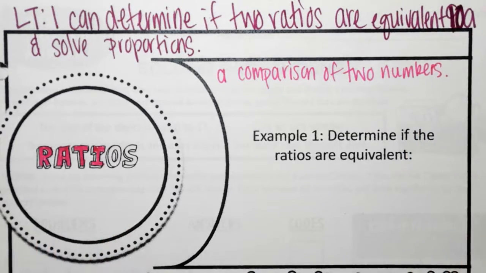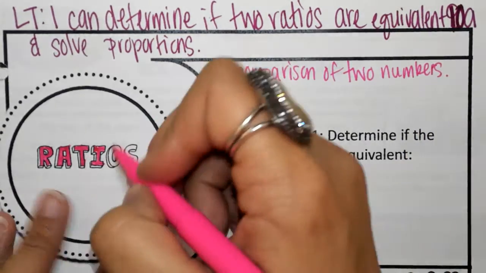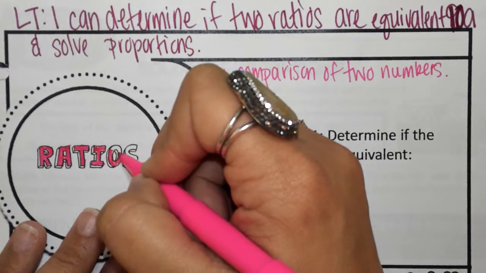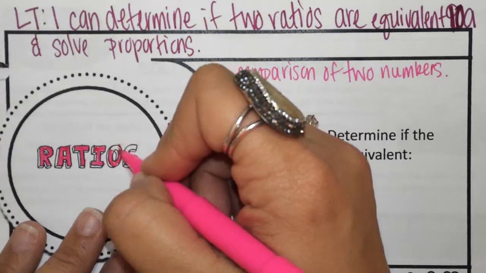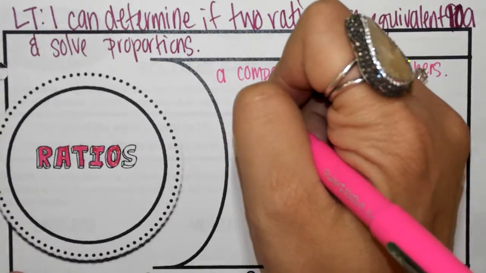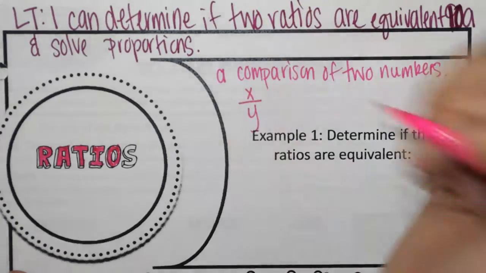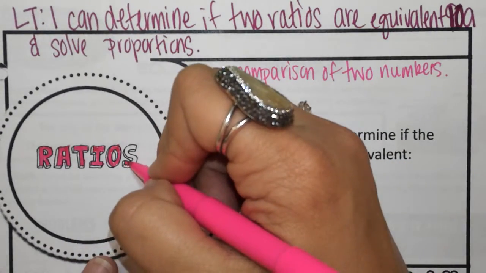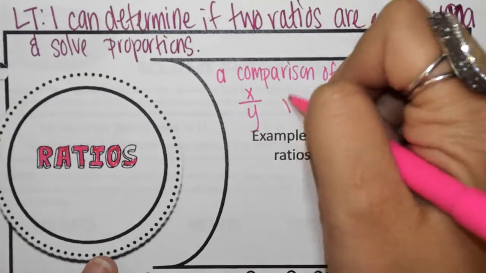So what does it look like when we compare two numbers? Take another point. A fraction, so you could write it as x divided by y. That's an example. What's another way? Does anybody remember another way? Colons. Take another point.